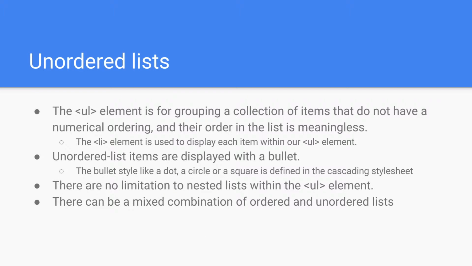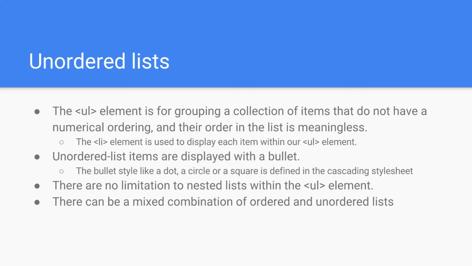The UL element is for grouping a collection of items that do not have a numerical ordering, and the order in the list is meaningless. The LI element is used to display each item within our unordered list element.